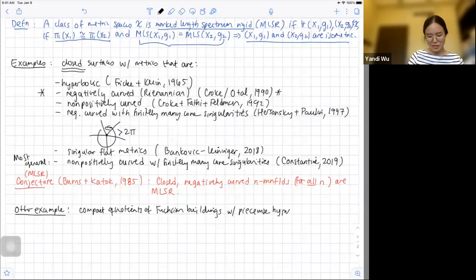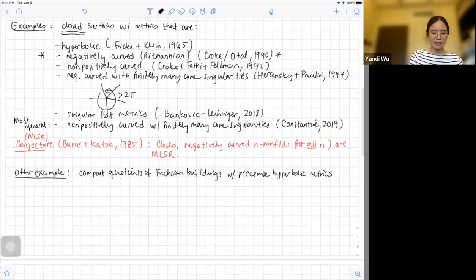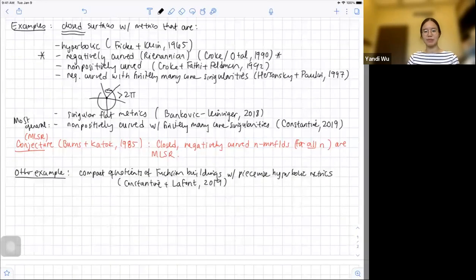I'd like to mention this result in case you know what a Fuchsian building is, because this was a big inspiration for my project. This is the paper that got me interested in the Marked length spectrum rigidity problem in my setting, so I'd like to give it a shout out. It's a very underappreciated paper by Dave Constantine and Jean-François Lafont from 2019. So that's a non-manifold example.